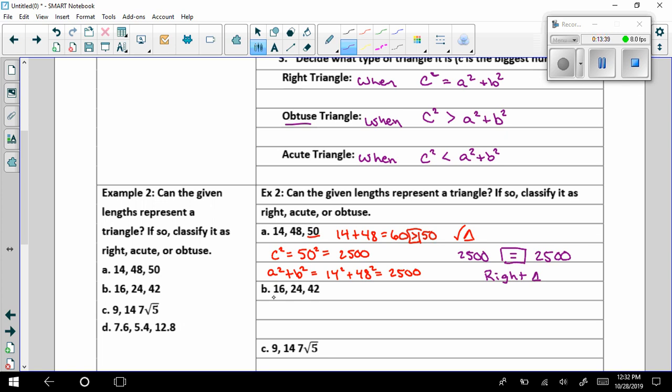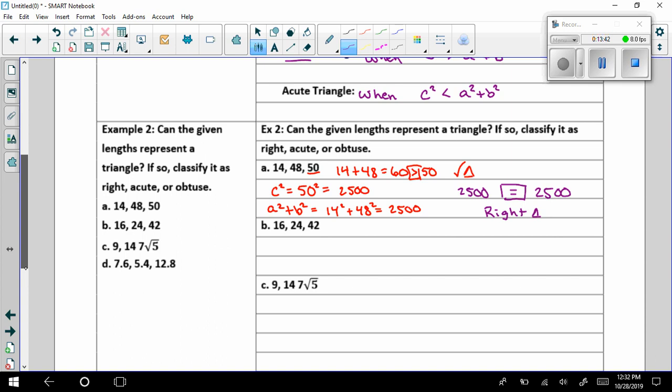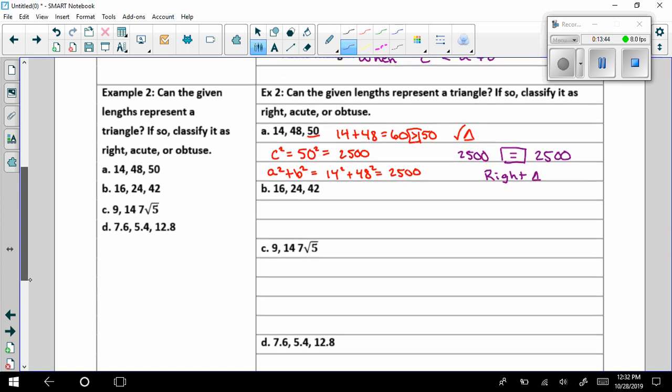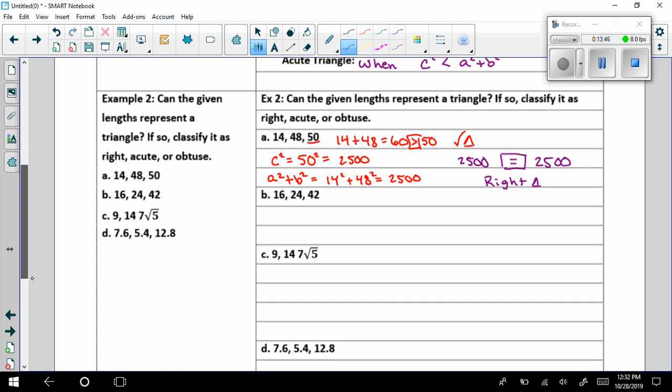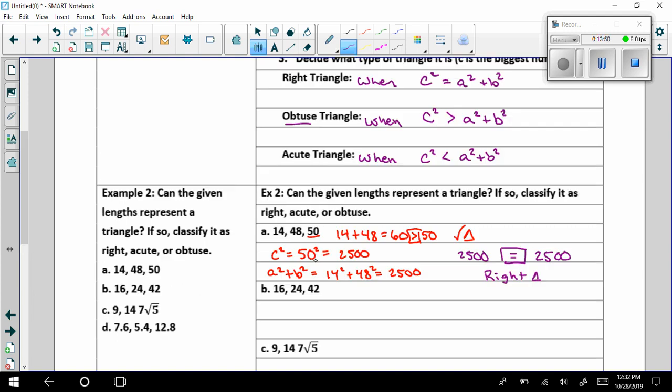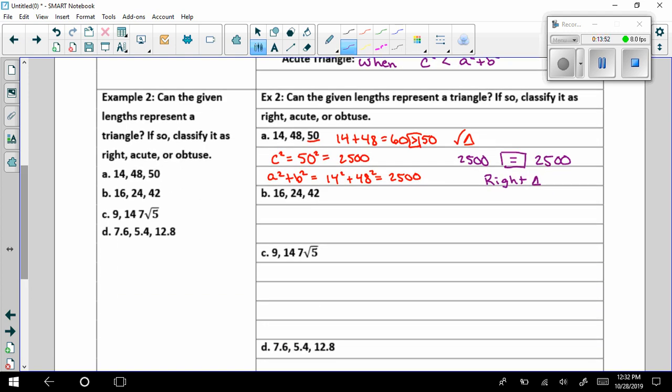Okay, so I'm going to actually have you try B, and I'm going to jump down here to C to talk about what happens if they are still in radical form. There should be a comma here. So 9 plus 14 is 23.